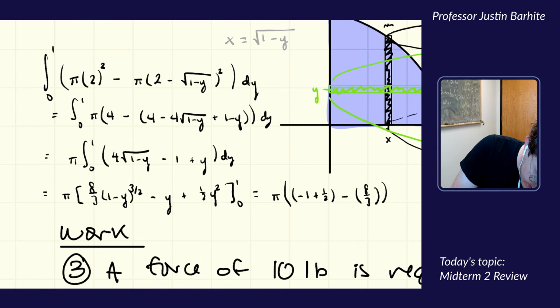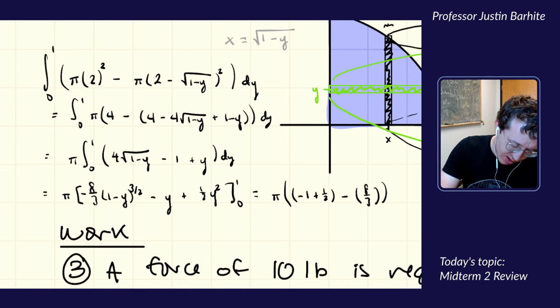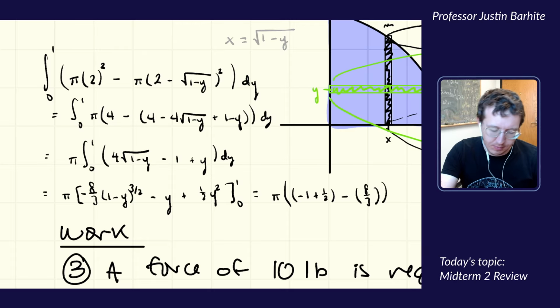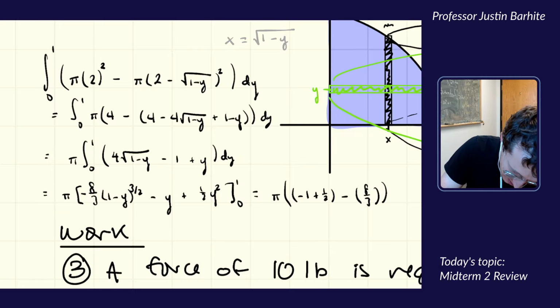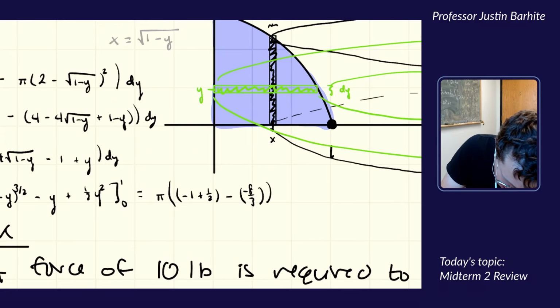There's a minus sign here, because of the chain rule, because there's a minus y inside. Okay. So this is 1/2 minus 1 plus 8/3.